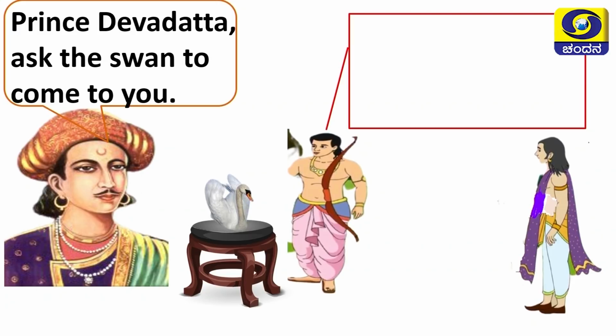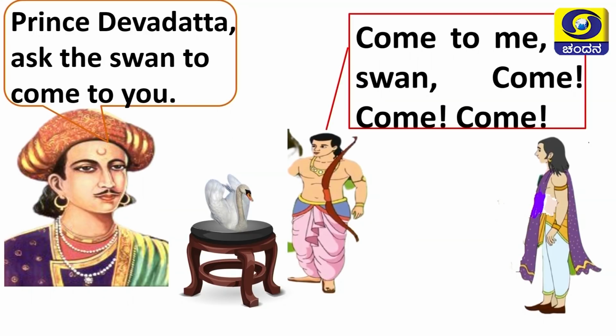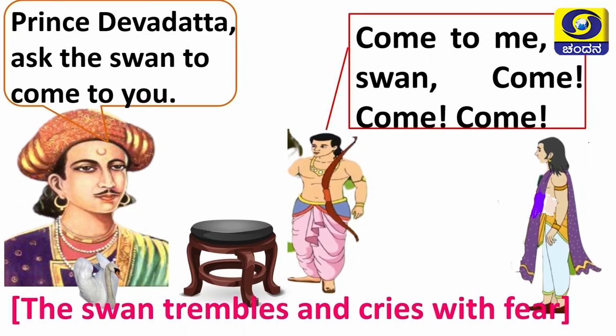Devadatta comes forward and says, come to me, O swan, come, come, come. He says like that, but the swan is frightened. Then the swan trembles and cries with fear.